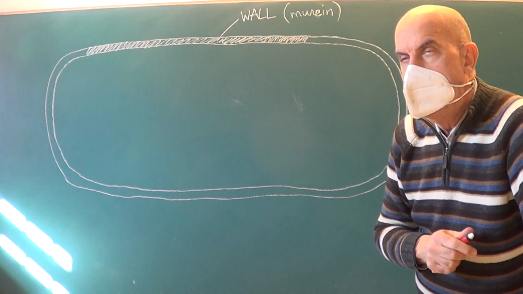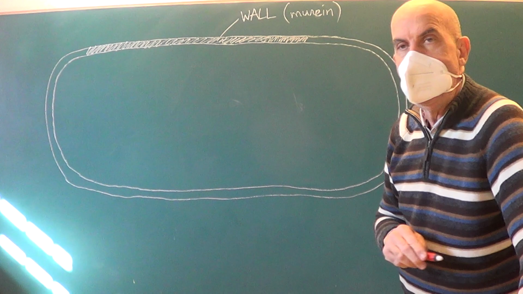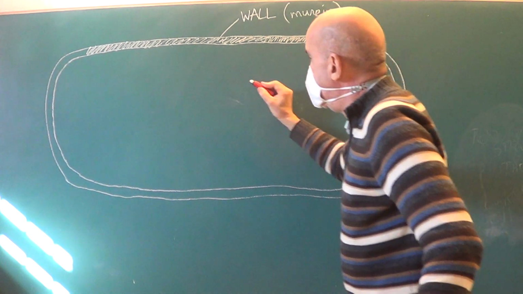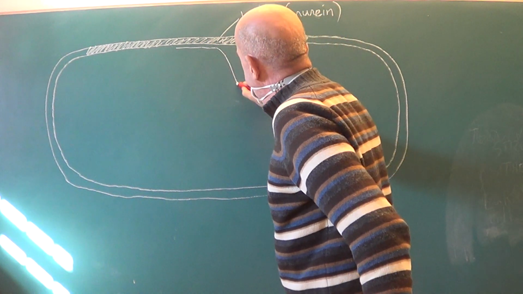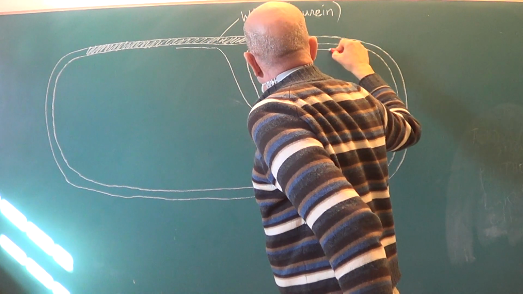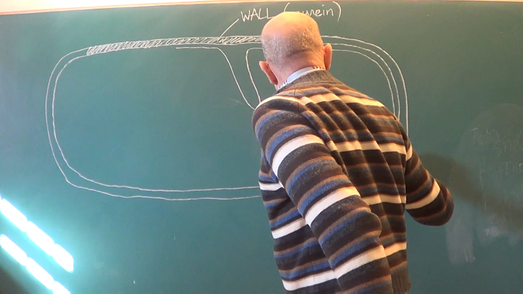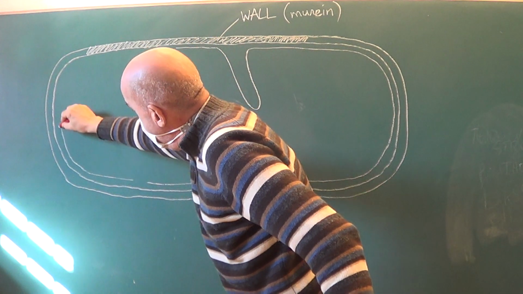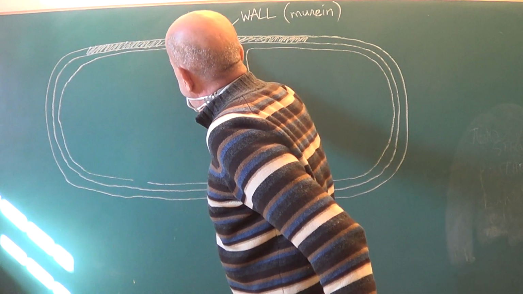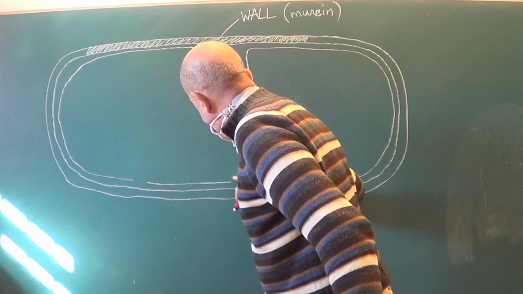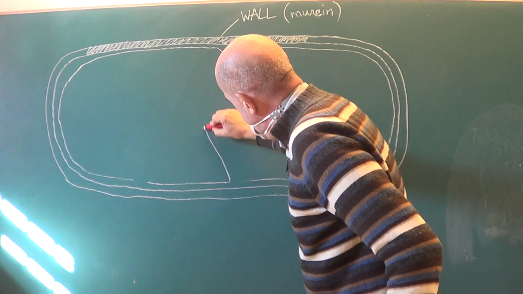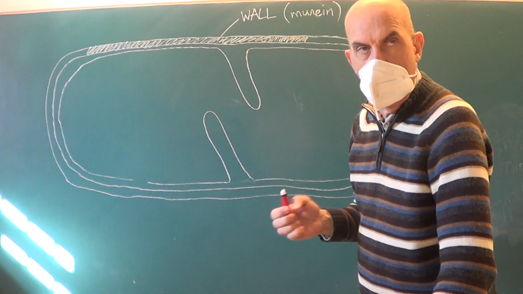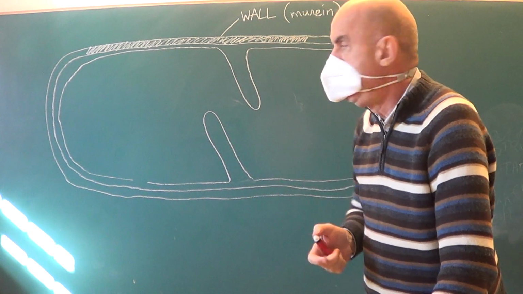Next. Cytoplasm? No, the next layer we find is the membrane. So let's draw a second layer. We have to put a fold, això és plec, pliegue.